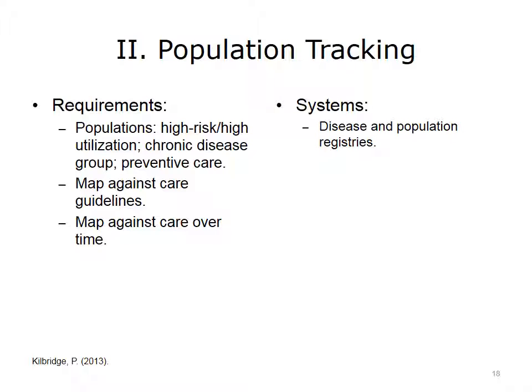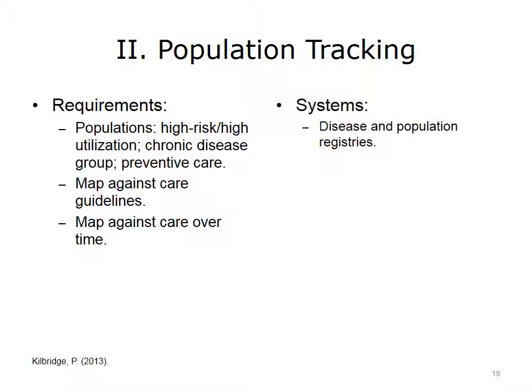For the chronic disease group, we need to identify which patients have particular chronic diseases, such as asthma, diabetes, or heart failure. And for the total population, we want to track preventive care to see that health promotion and disease prevention care is being given as an opportunity for all members of a population.